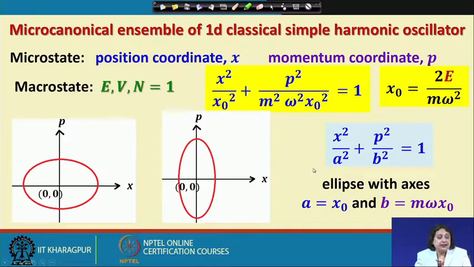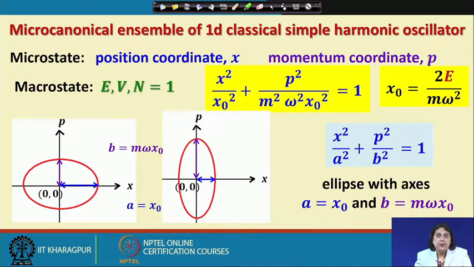Let us say that this is the point of origin in the phase space, which is a two-dimensional space in x and p. Now, this is A, which is nothing but x naught, which is dependent on the initial condition. And then I would say that B is this height, which tells me that this is m omega x naught.